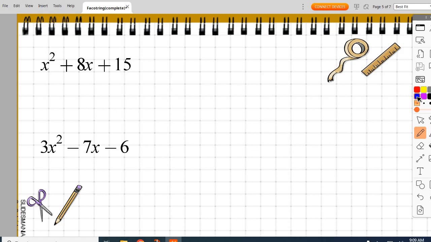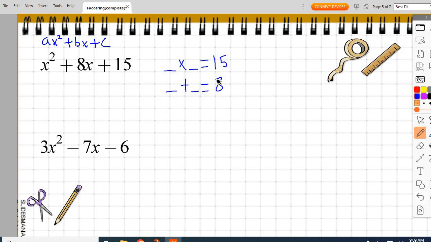Our general form of a quadratic is ax squared plus bx plus c. So I want to look at what multiplies together to give me my c value, which in this case is 15, that also adds together to give me my b value, which in this case is 8.